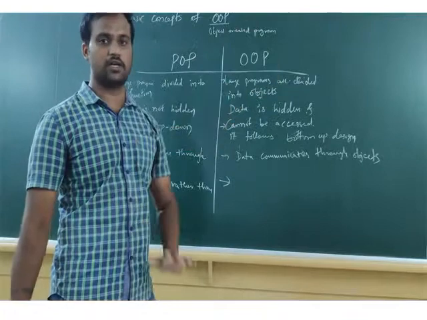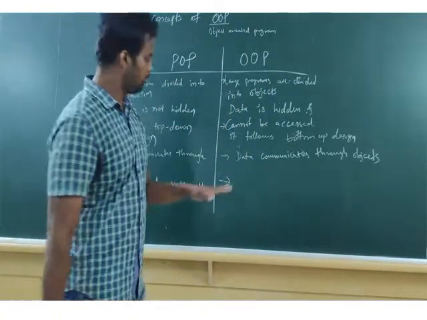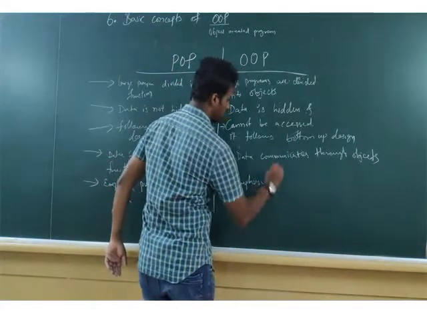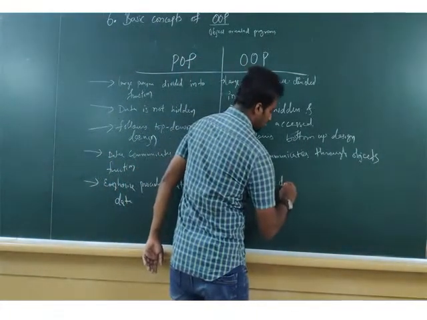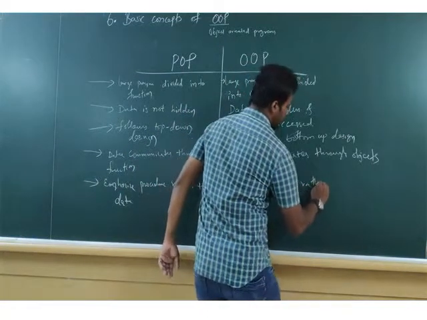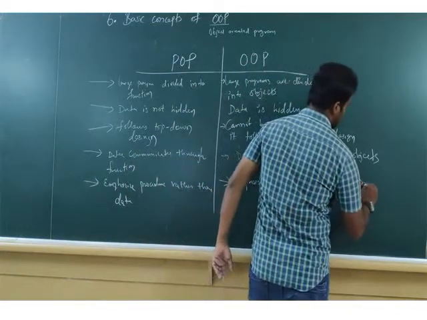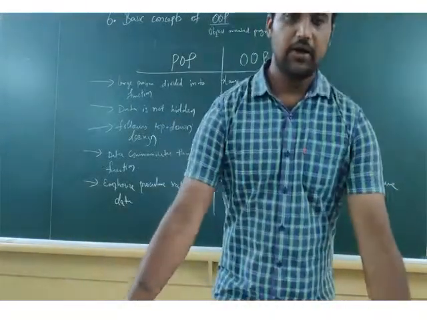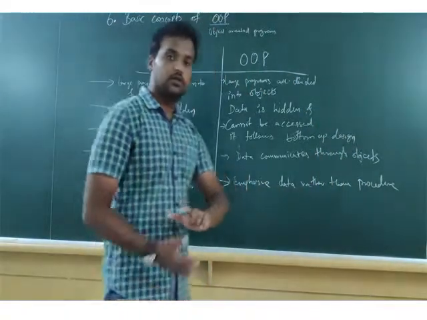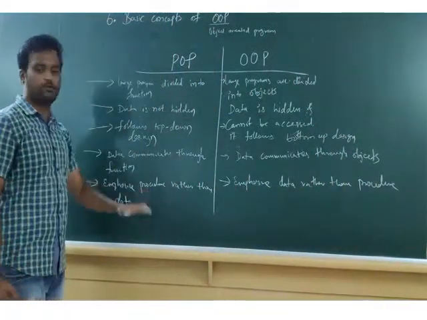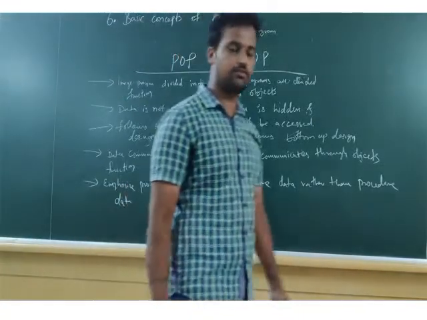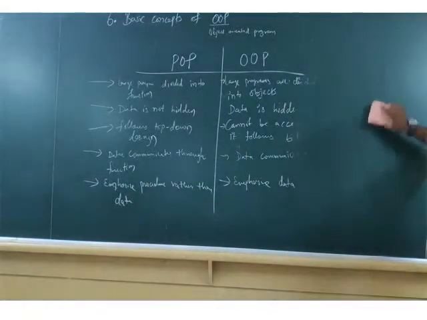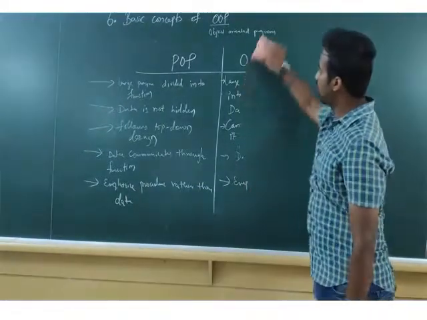First we work on whatever data information we have. That's why it emphasizes data rather than procedure. So these are the 5 points we use whenever we write the difference between POP and OOP, that is procedural oriented programming and object oriented programming. So this is totally different.